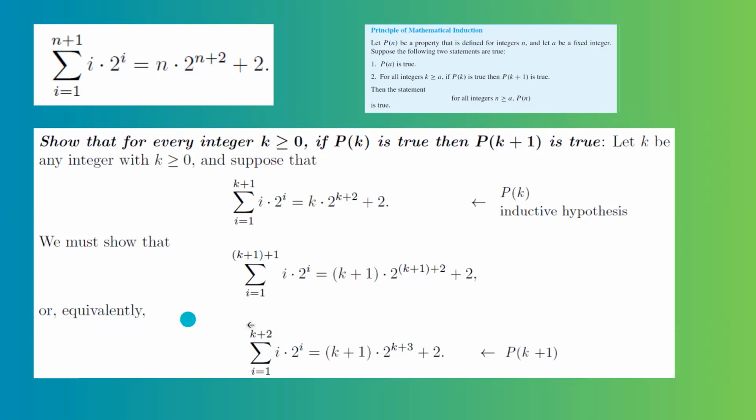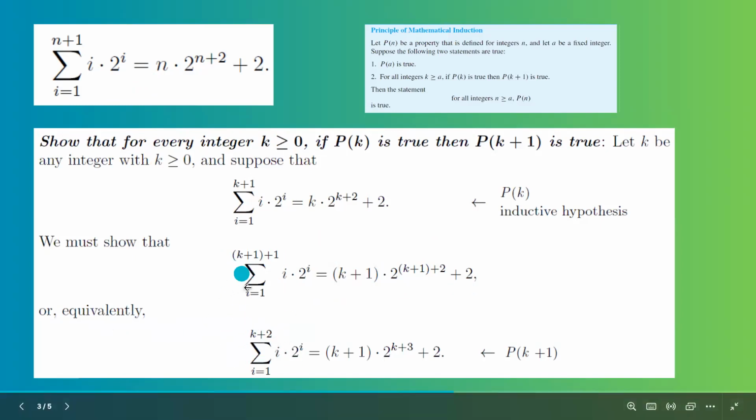Again, we're just doing algebra here. We simplify it into a nicer form: the summation of i from 1 to k plus 2 of i times 2 to the i is equal to k plus 1 times 2 to the power k plus 3, plus 2. Again, our goal is to show that this statement is true.